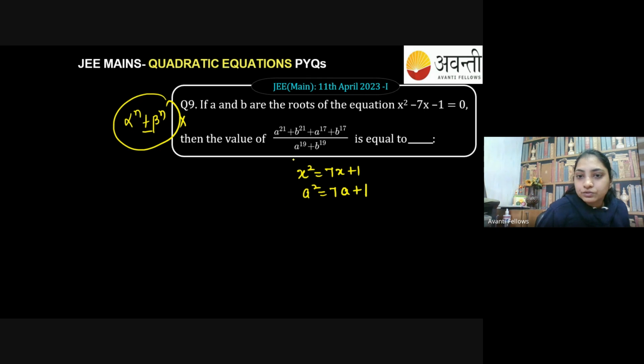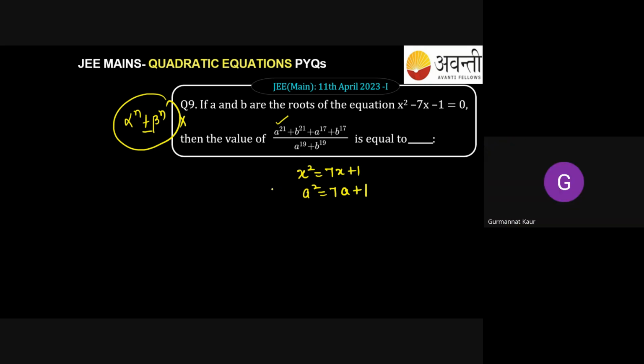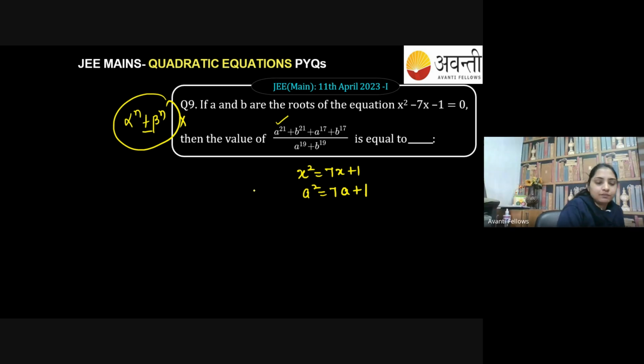So what you will do? You will just multiply it by something to get a raised to power 21. What do I need to multiply? A raised to power 19. Yes. Take 2 minutes of time and solve it.